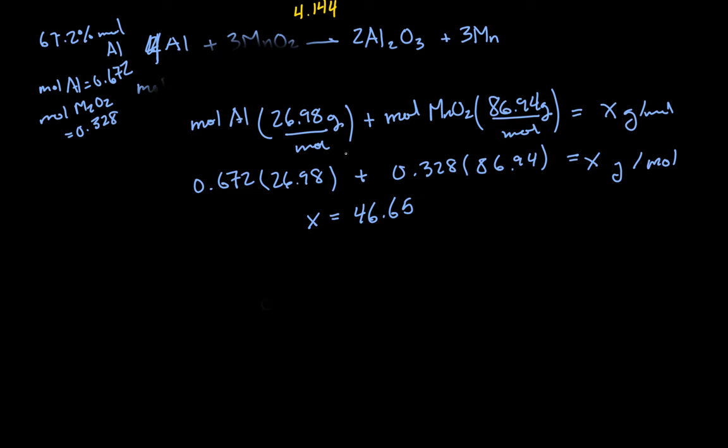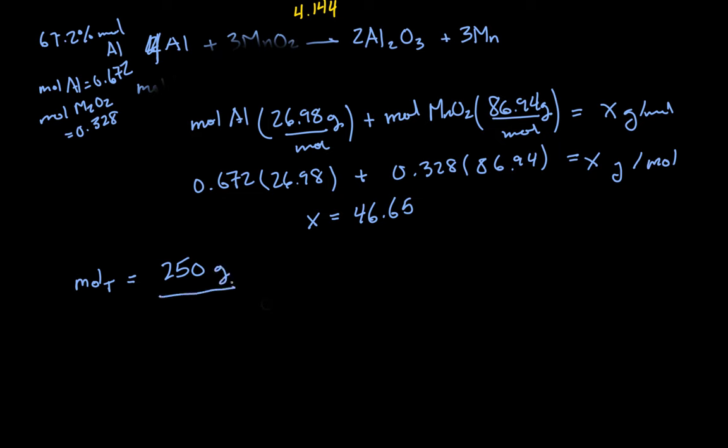So now we can find the total moles present by dividing the 250 grams by this formula weight here, and that's going to give us how many moles we have. All right, so moles total is equal to the mass of the whole sample. I think it was 250 grams. It is 250 grams.